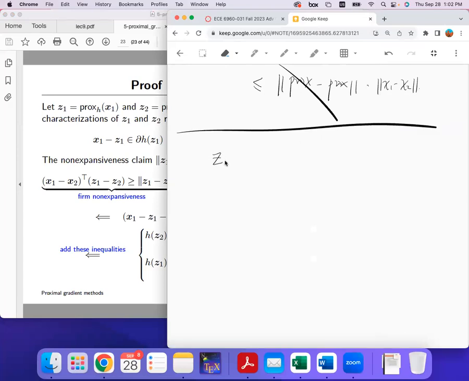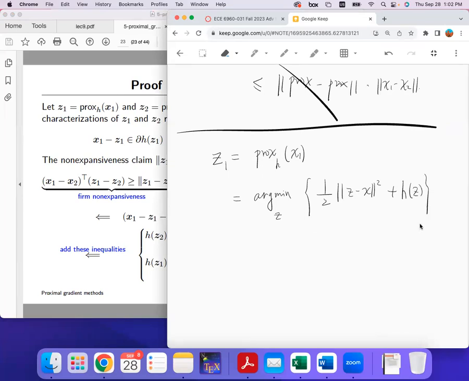Let's say we denote z1 as the proximal mapping at x1, which by definition is the argmin over z of 1/2 ||z - x||^2 + h(z).